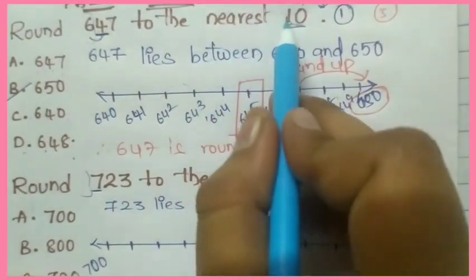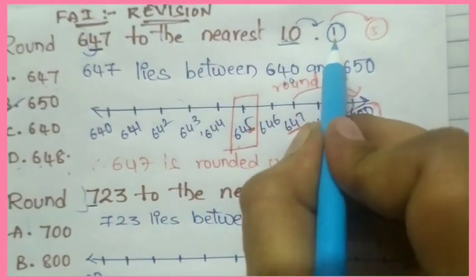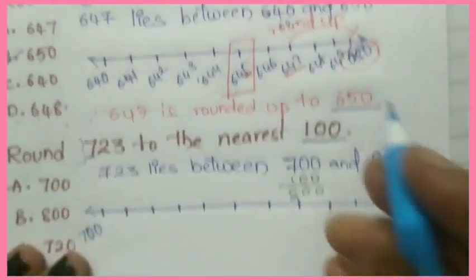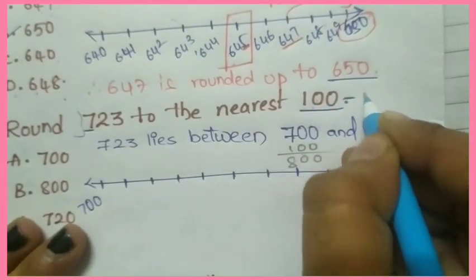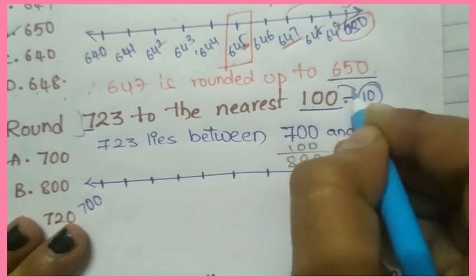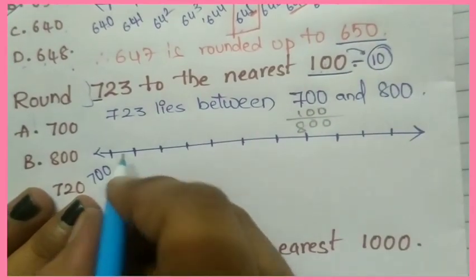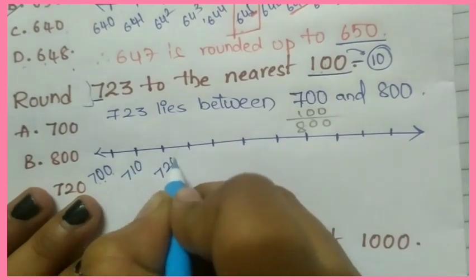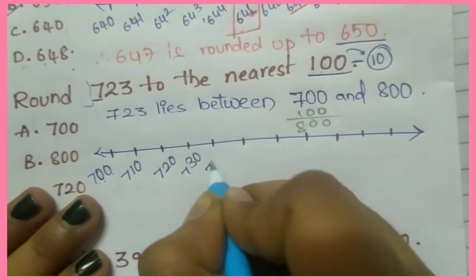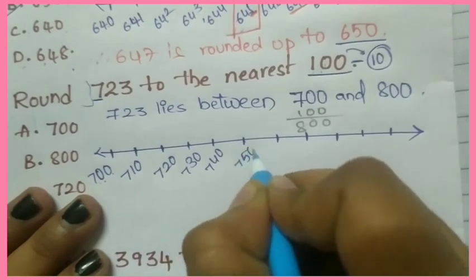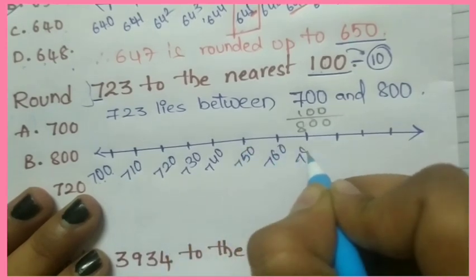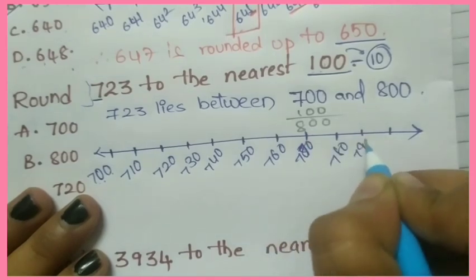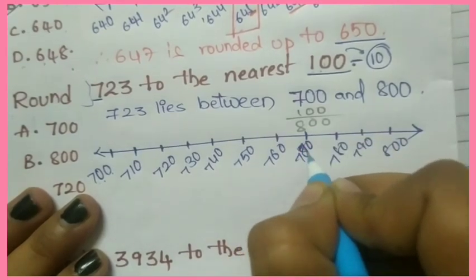Here for nearest 10 we took one as the difference. Here for nearest 100 we have to take 10 as the difference. So 700, 710, 720, 730, 740, 750, 760, 770, 780, 790, 800.